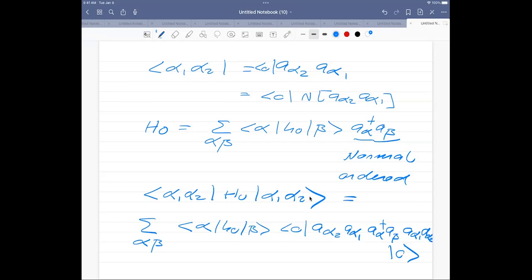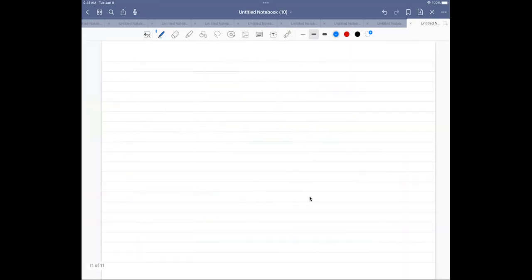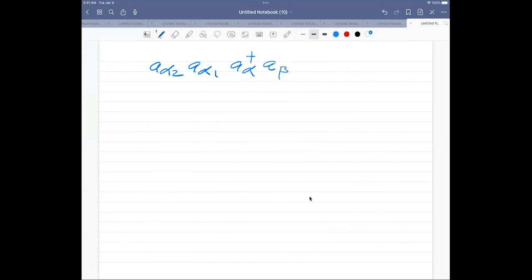We just leave the other terms and we just look at that one. So what we end up looking at is A alpha 2, A alpha 1, and then I have A alpha dagger, and then I have my A beta, and A alpha 1 dagger, A alpha 2 dagger.